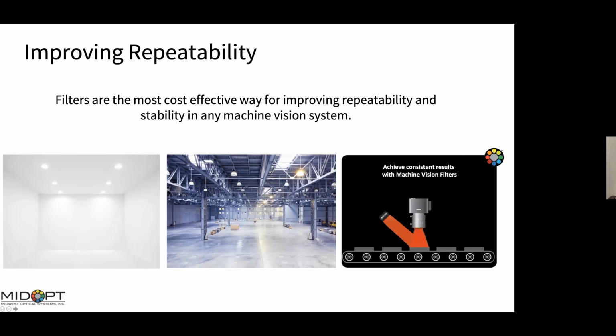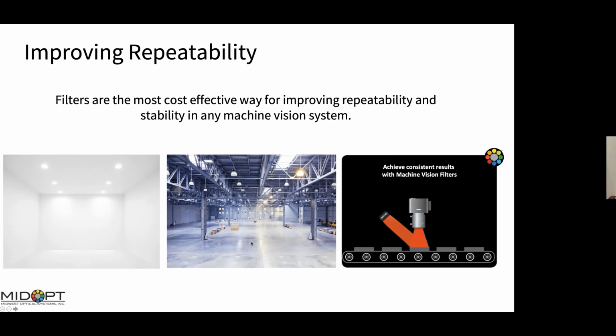What I mean by that is oftentimes you're setting up an application in a room that looks like this first image, where there's no windows, lighting conditions are ideal, everything is controlled, you get the application working just right, and you're good to go. And then you move the application to the customer site or to your factory floor, or maybe you're rolling this out worldwide to lots of different sites.